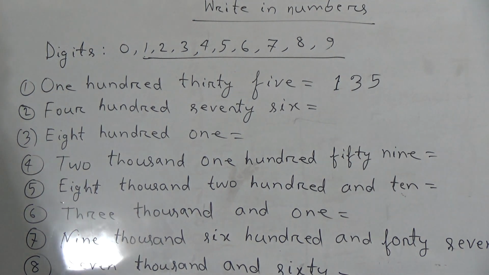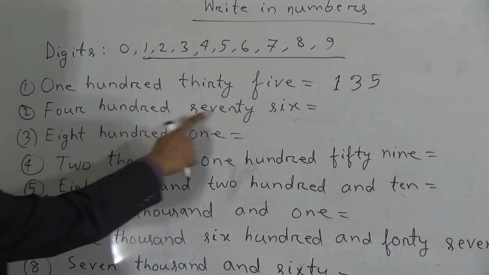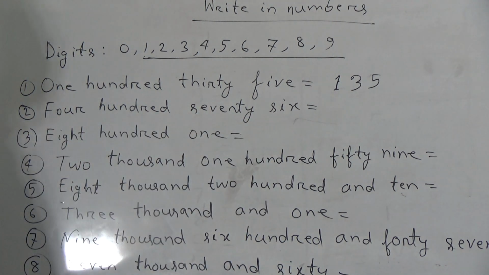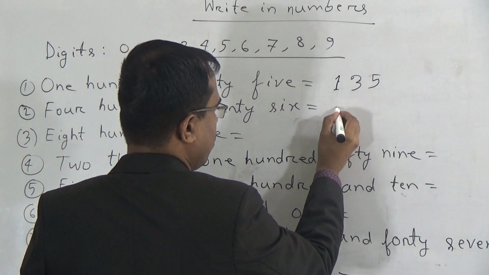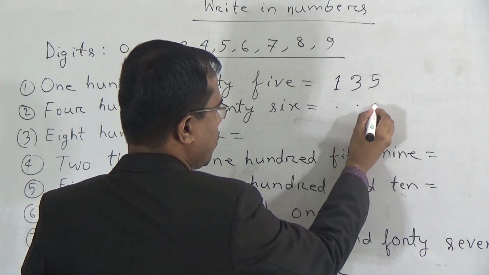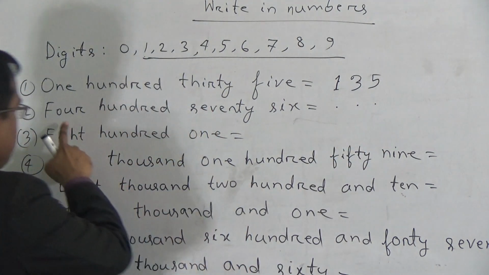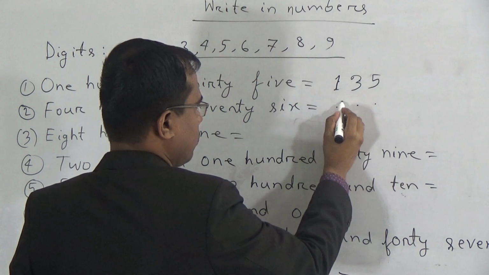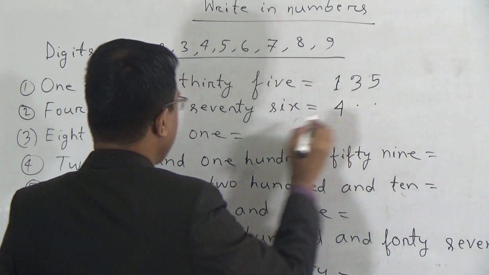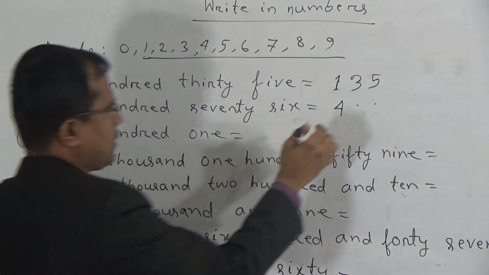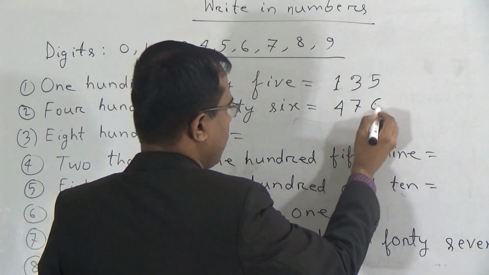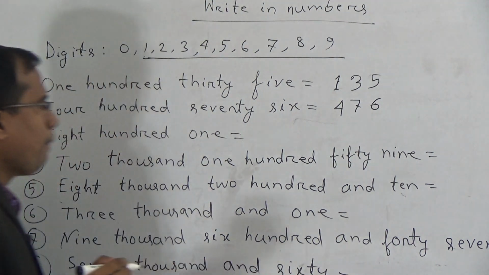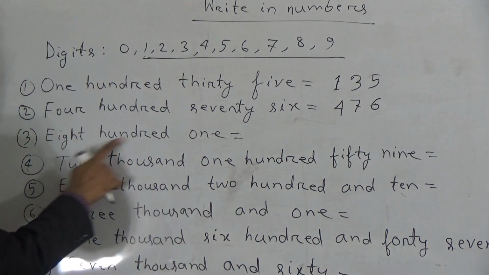135. Now, number 2 is 476. Here the hundreds place is also the highest place. So, we have to take 3 places. 1, 2, 3. And in hundreds place, 4 will come. That means in tens place 7 will come and 6 will come in ones place. Now 801.